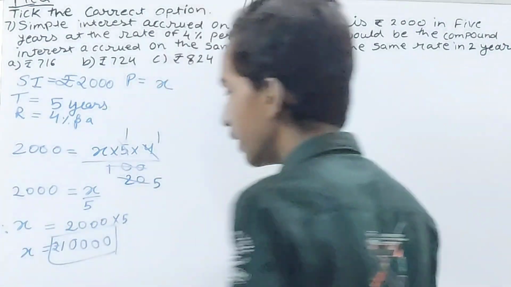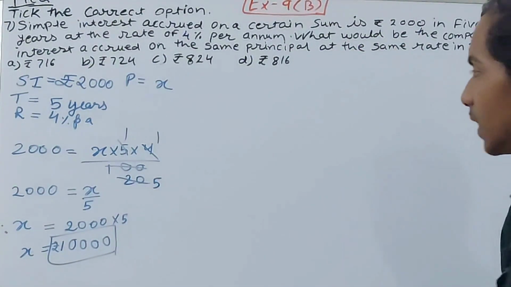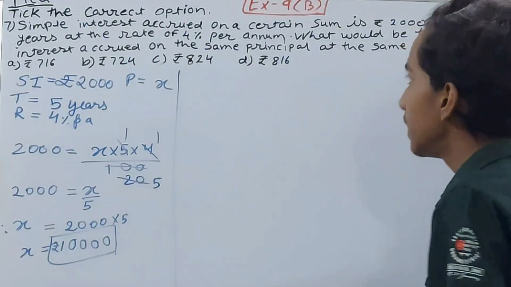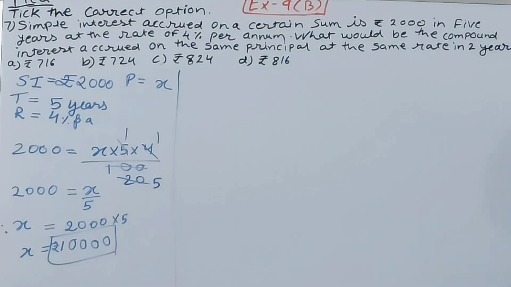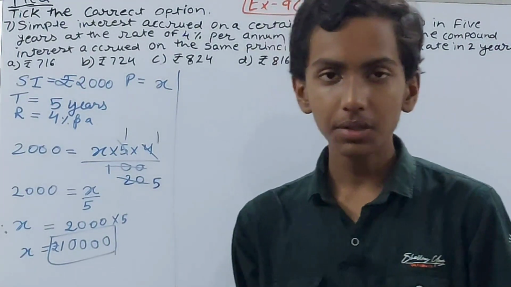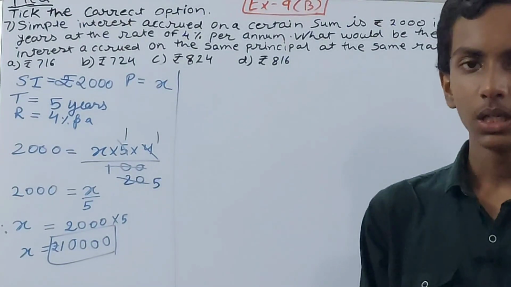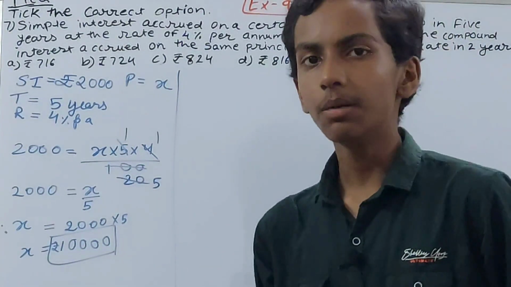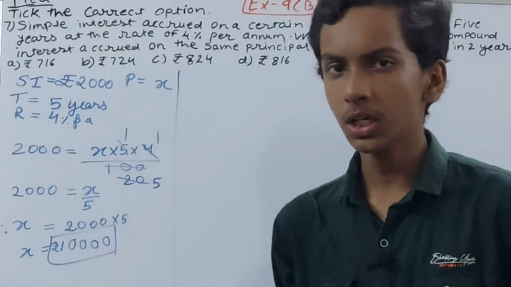This is your principal. Now what is said here is: what would be the compound interest accrued on the same principal at the same rate in 2 years? Time is changed from 5 years to 2 years, and the rate and the principal are the same.